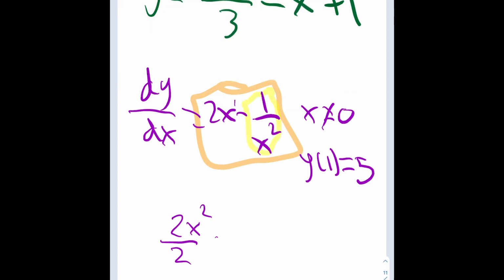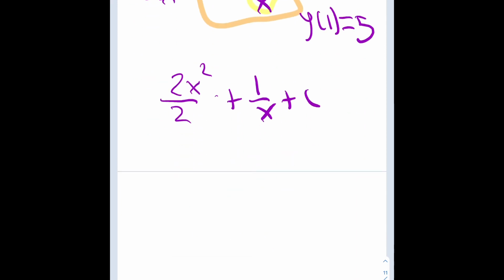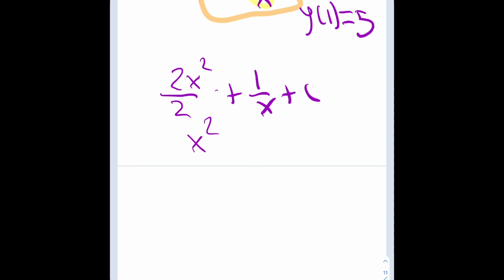Then looking at the second part, I'm going to say, all right, I know that if I took 1 over x and found the derivative, that would give me negative 1 over x squared. So I can apply that and say, all right, if that's what I'm looking for, then I know that the antiderivative of this highlighted yellow section is going to be 1 over x plus c. So again, simplify this. It's basically x squared plus 1 over x plus c.